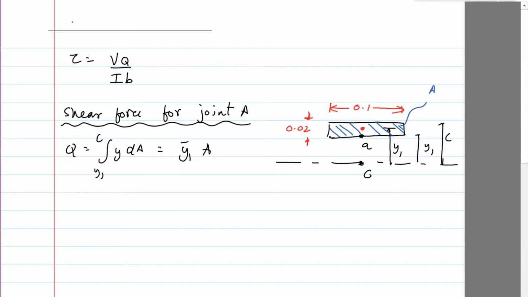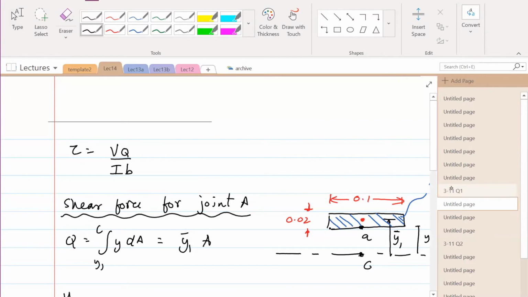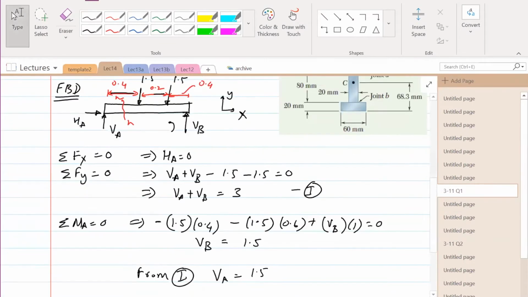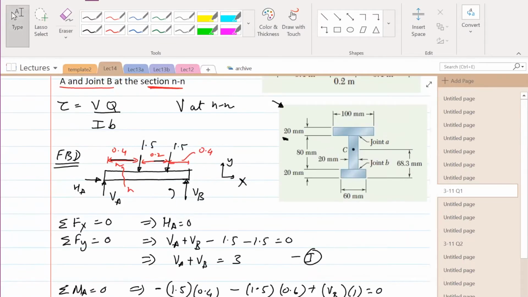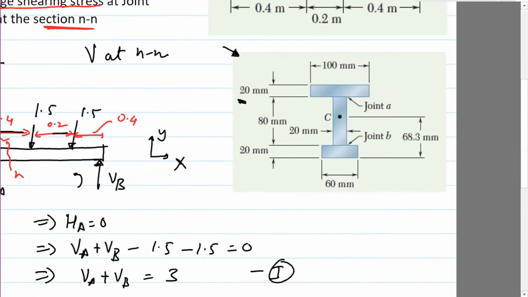So I need to find the centroid. So the centroid from the neutral axis is, we go back. Okay, let's find the centroid, this distance.